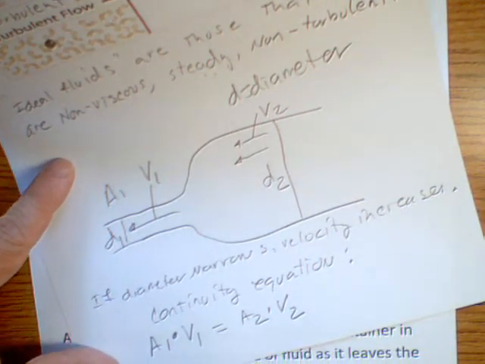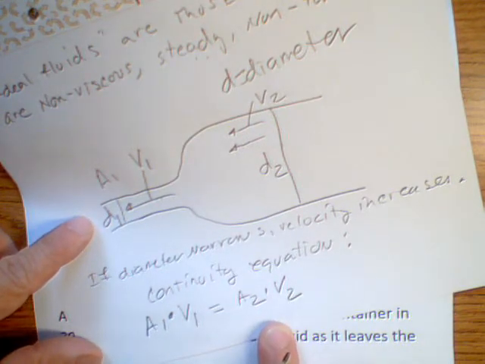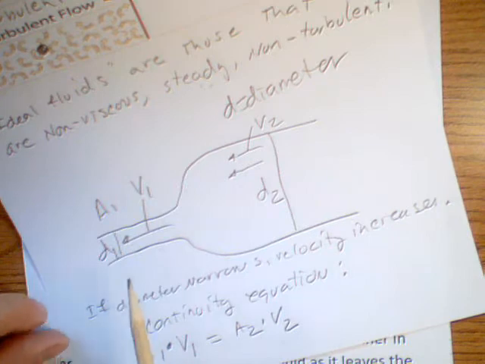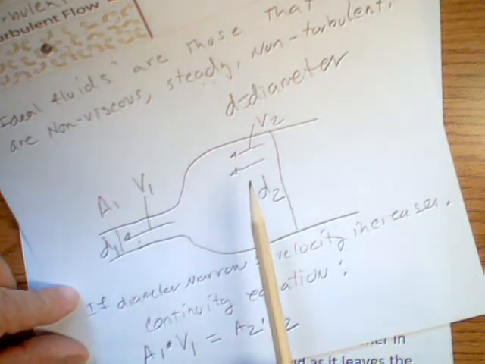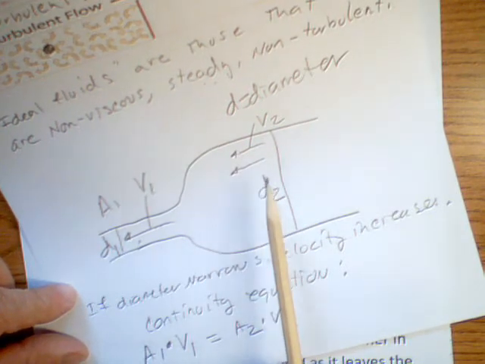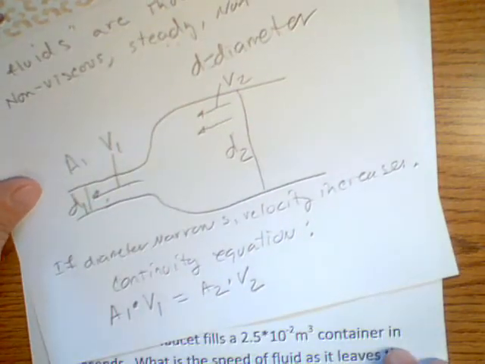And that's called our continuity equation. So you find high velocity, low area; low velocity, high area. All right, inverse relationship there, right?